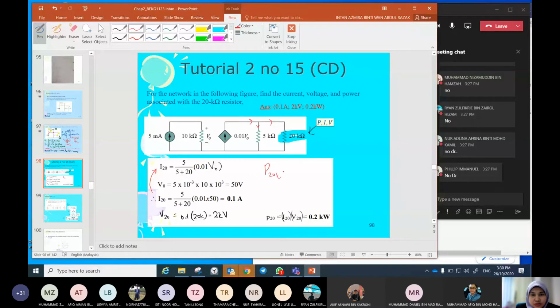V of 20K is equal to I square R. It is equal to 0.1 squared, okay, multiply with 20K. Okay, so we get, is it the same? We have a 0.2 kilowatt or 200 watt, same. Okay.